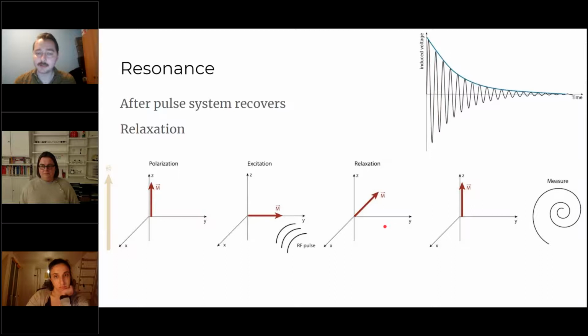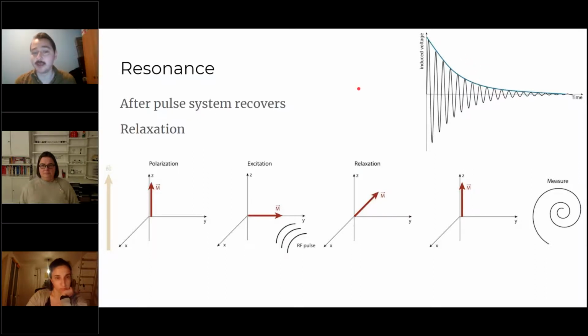And as the spins recover through relaxation to their original orientation, the signal in the original direction is going to be maximal again. But remember, we can't measure that. However, the signal in this perpendicular direction is going to then decay back to 0.